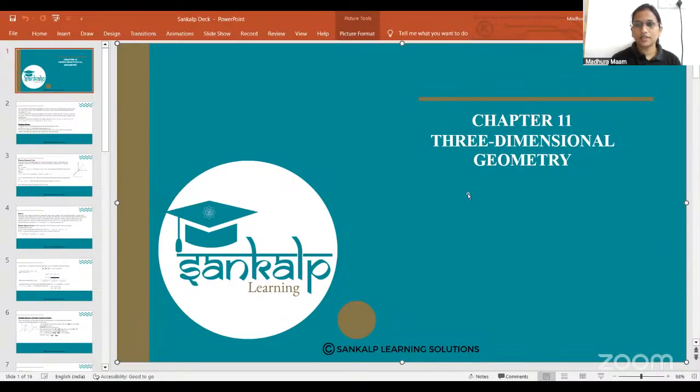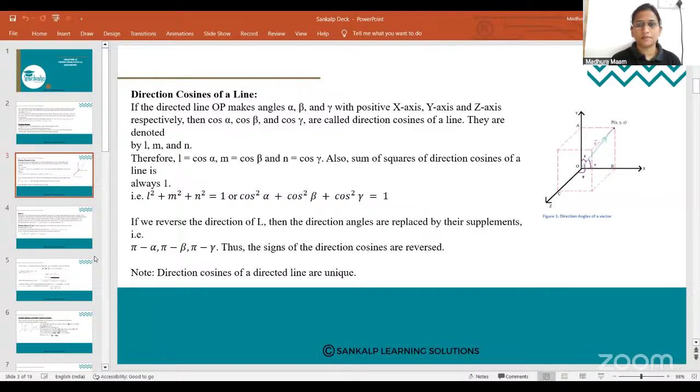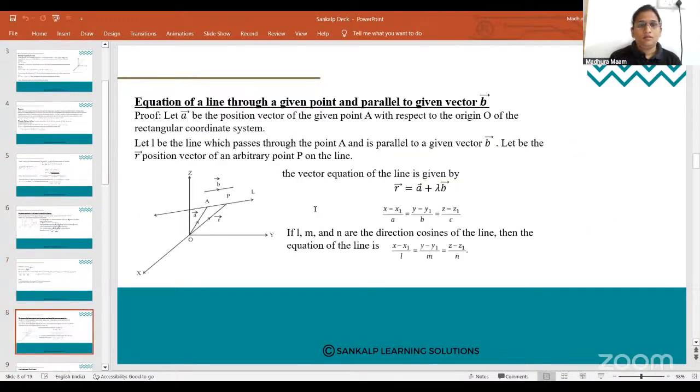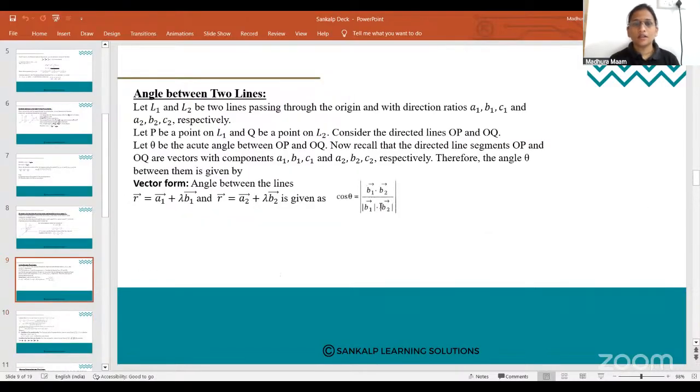Two results come from that. I guess using the results we have not done any questions so far. The angle between two lines in space in vector form is the modulus of the dot product of vectors b1 and b2 divided by the magnitude of b1 into the magnitude of b2, given that the equations of the lines are provided.